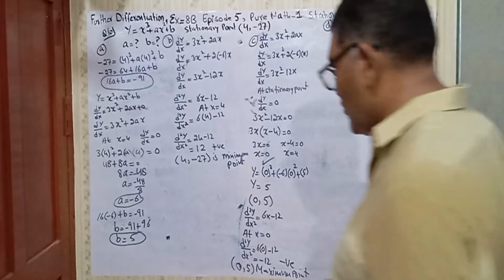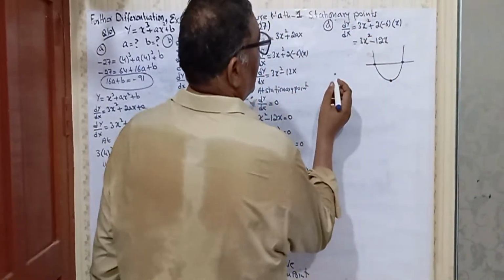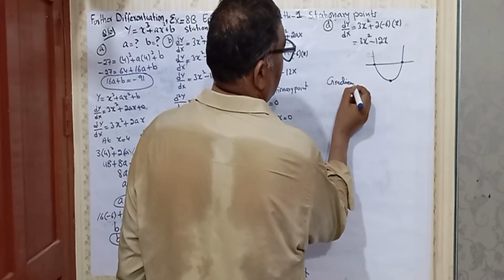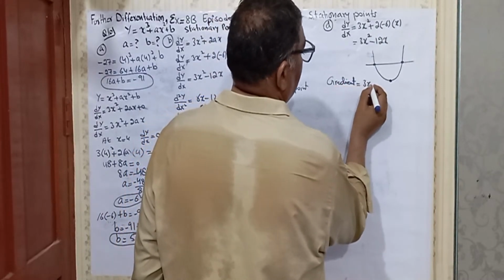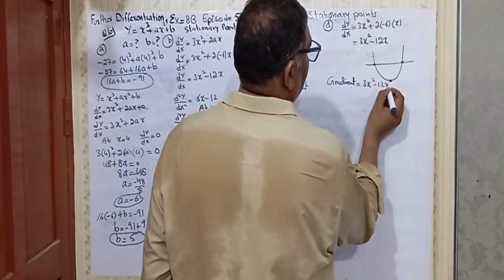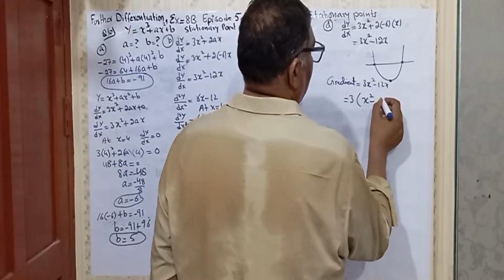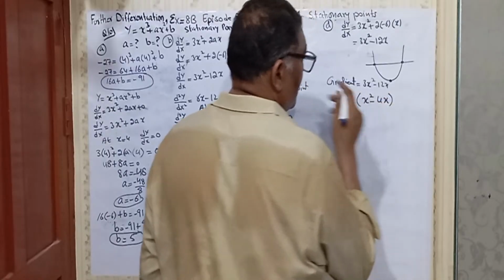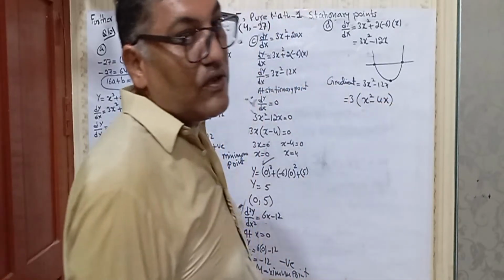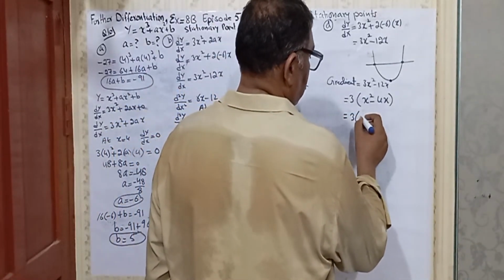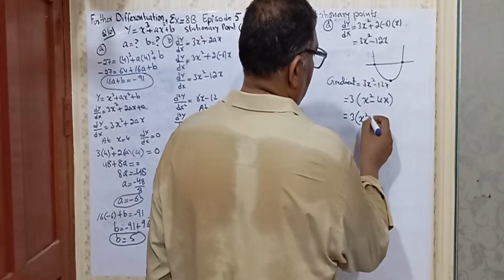The gradient, dy by dx, is represented with 3x² minus 12x. You can take the 3 common, so you will have x² minus 4x. I'm going to apply completing the square. So it will be 3 into x² minus 4x.